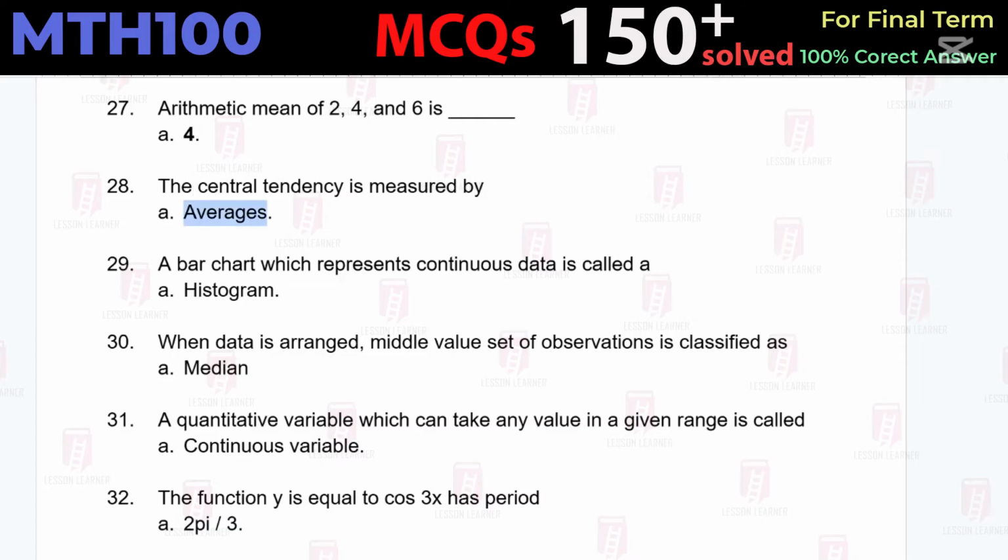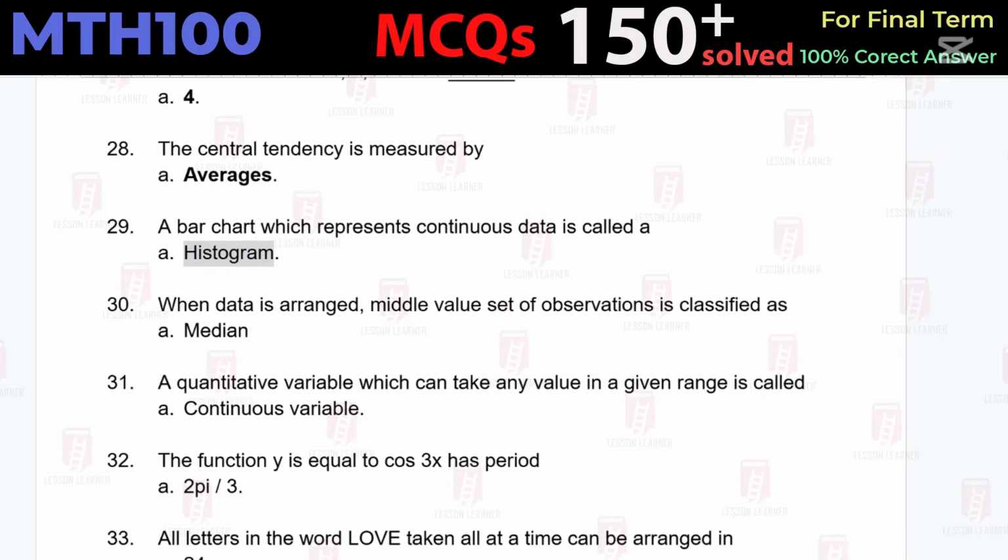A bar chart which represents continuous data is called a histogram. When data is arranged, the middle value of a set of observations is classified as median.